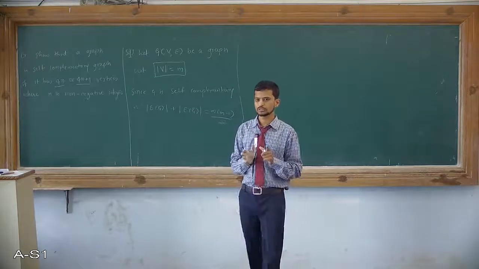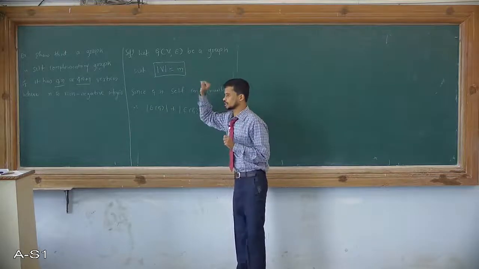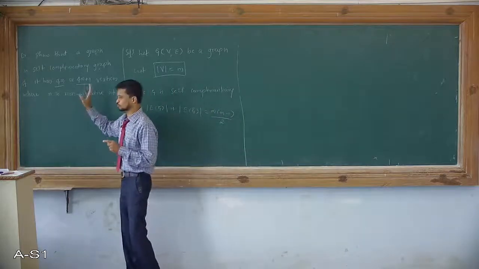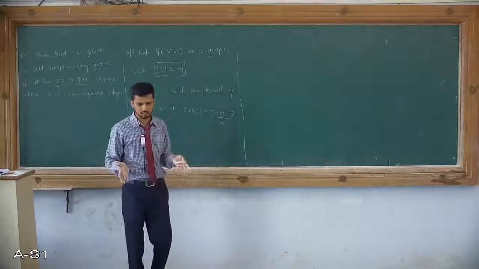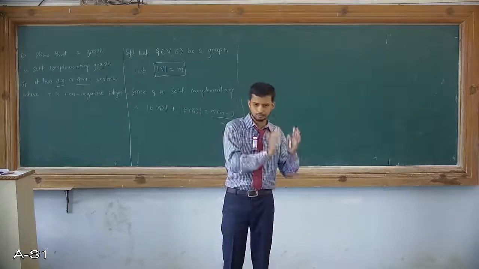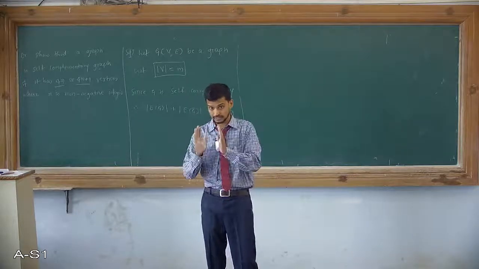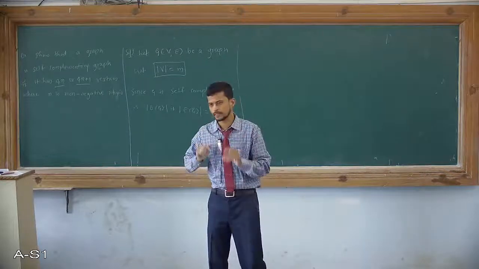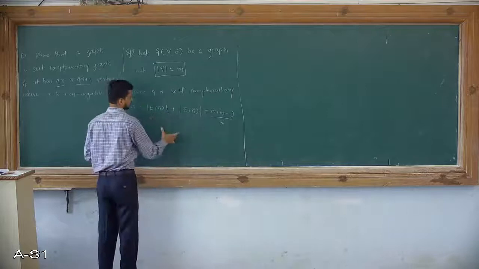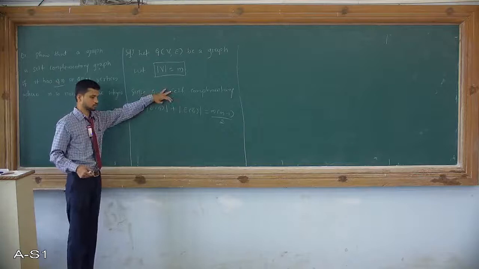Why? Because I am considering it is self-complementary, and the definition of self-complementary itself suggests that f is an isomorphism. F from G to G bar is isomorphic means if G has n number of edges, G bar has also n number of edges. So the number of edges are the same in G and G bar here. So if the number of edges in G and G bar are the same, what about the sum of these two?